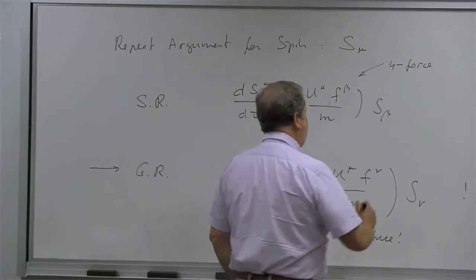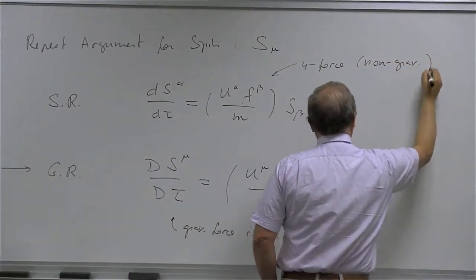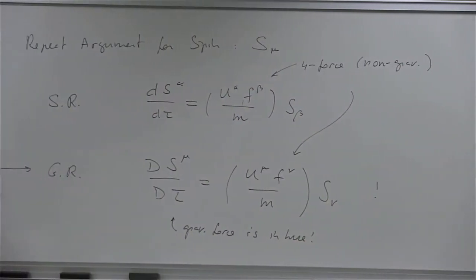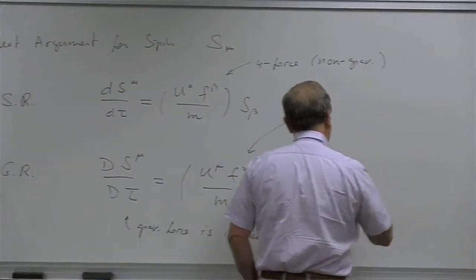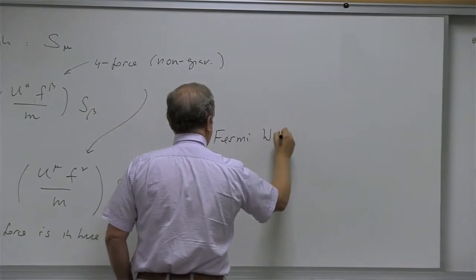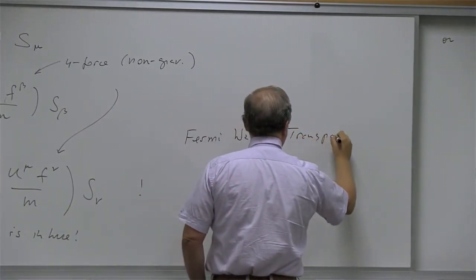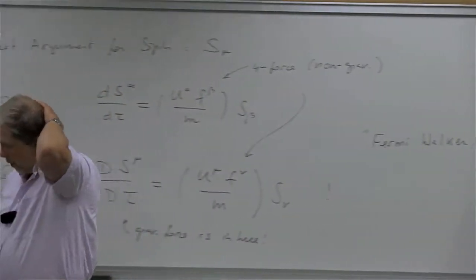And this part here is the non-gravitational 4 force, so the one that arises because of electromagnetism. So this is called the Fermi-Walker transport. The second equation is called the equation for the Fermi-Walker transport.